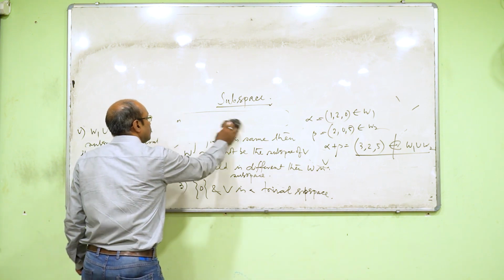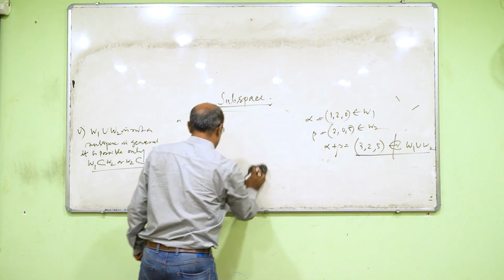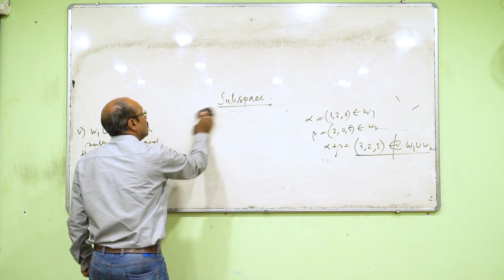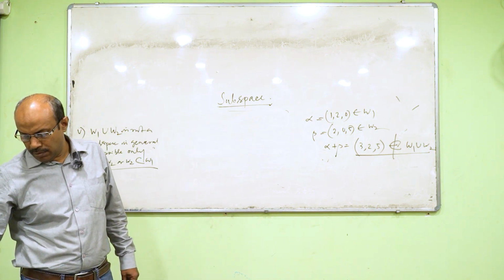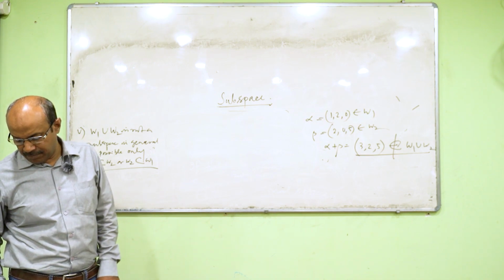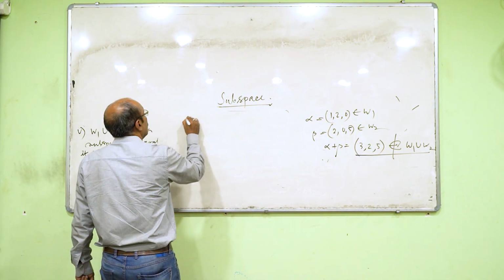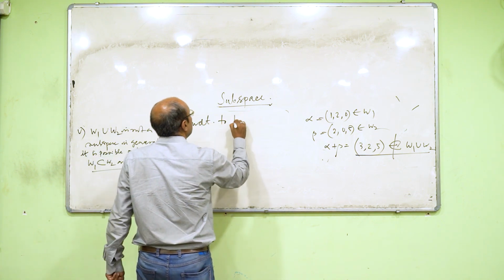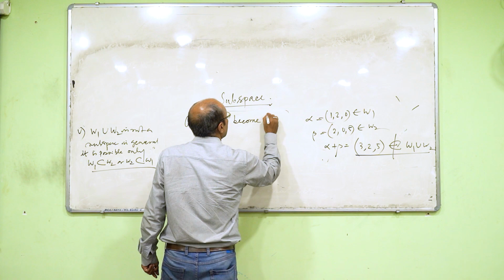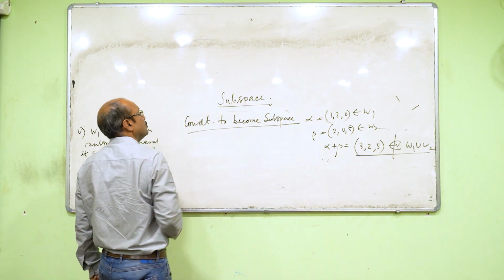Now, how to check the condition to become a subspace? What is the basic condition?